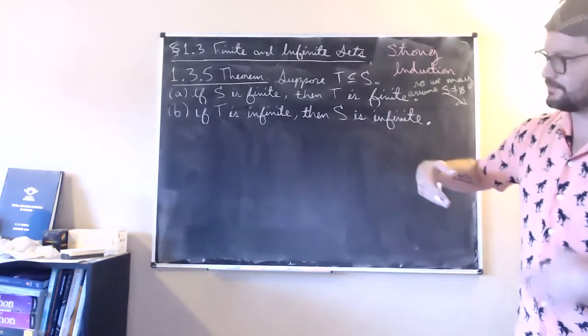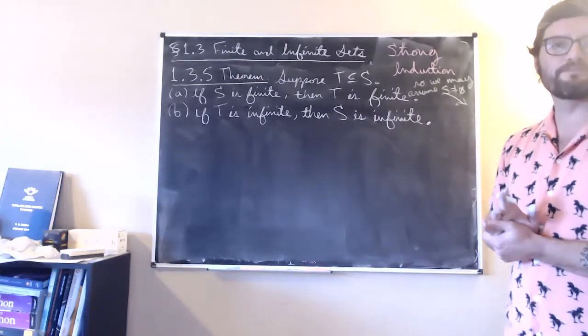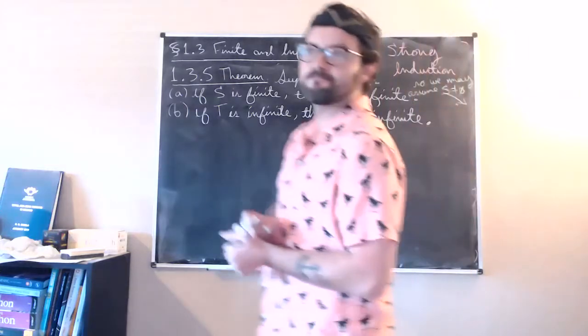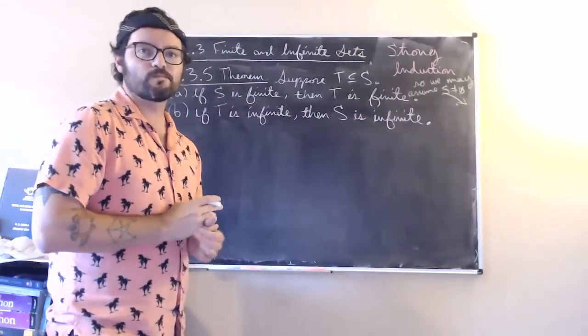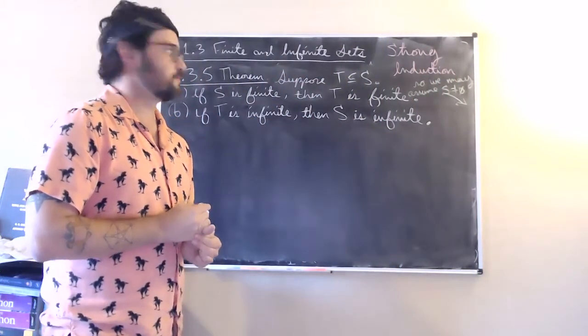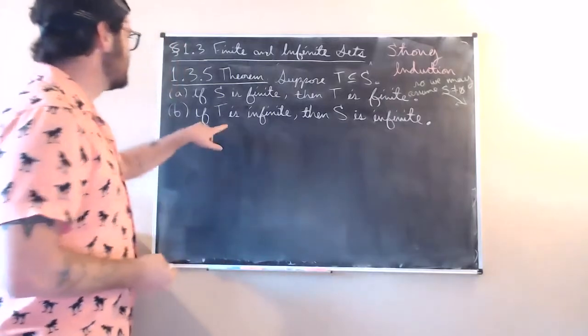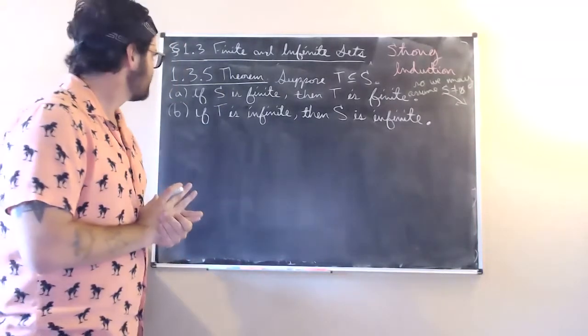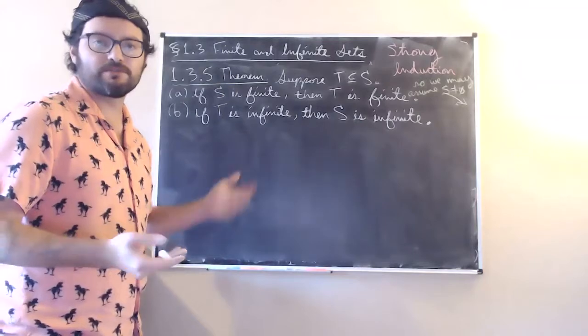Why is B immediate once we prove A? Because it's the contrapositive. Right. B is the contrapositive of part A, which have the same truth values. So we're done. We don't have to do anything for part B.